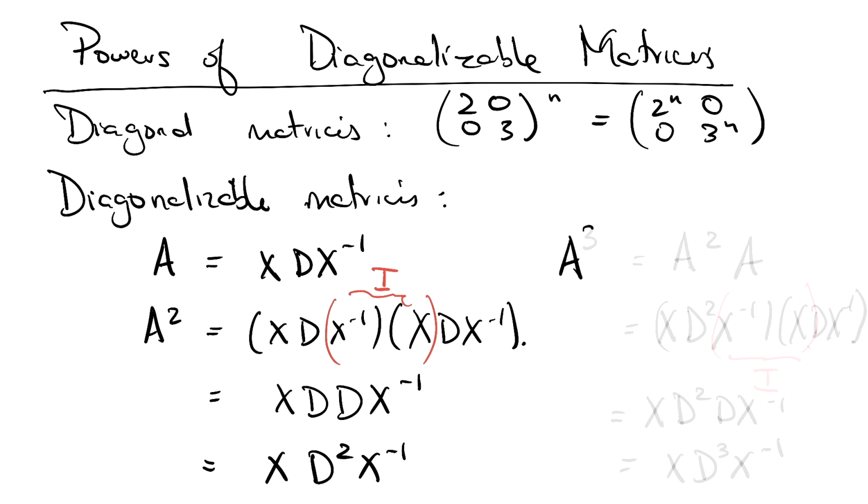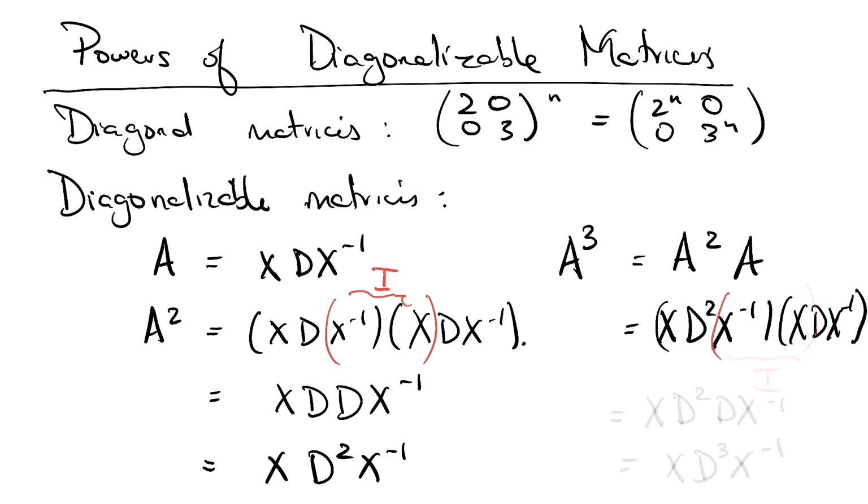Let's look at A cubed. This is going to be A squared times A, which is X D squared X inverse times X D X inverse. Since matrix multiplication is associative, this is I, and what we actually get is X D squared D X inverse, which is X D cubed X inverse. I'm sure you're seeing a pattern now.